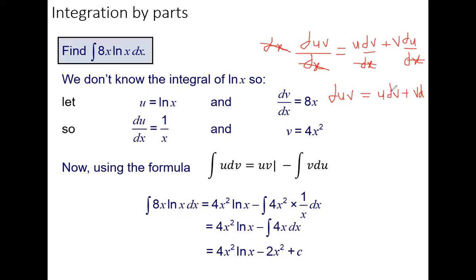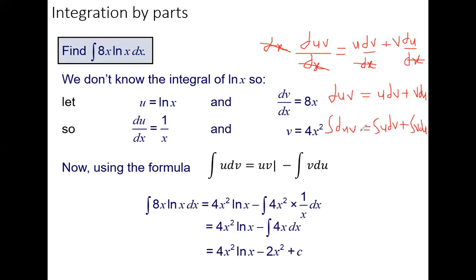Then integrating both sides will give us the integral of d(uv) equal to the integral of u dv plus the integral of v du.